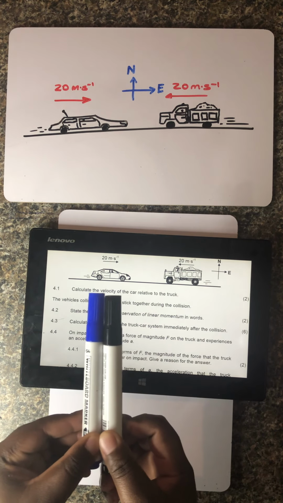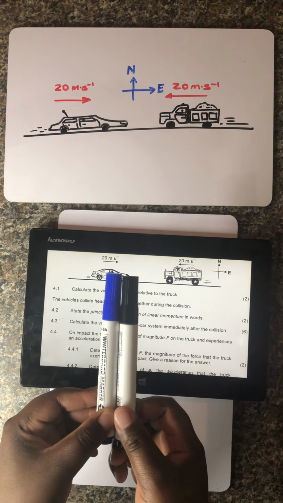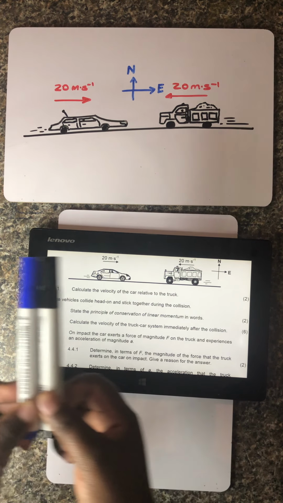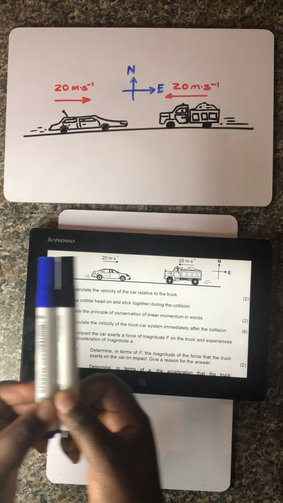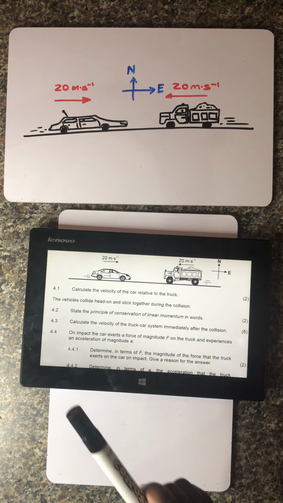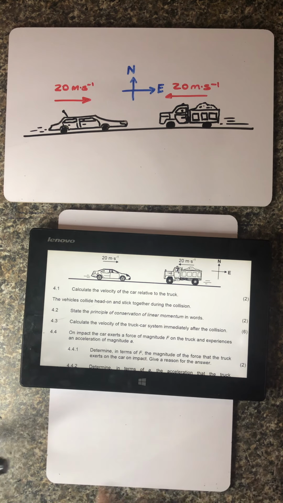What we don't know, ladies and gentlemen, as soon as they stick together during the collision, is whether they move in that direction or in that direction. We can only know after performing some calculations. But based on the information that we are given, we can assume the direction in which they will move as soon as they collide and stick together.